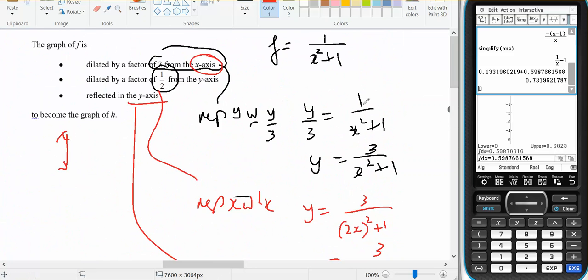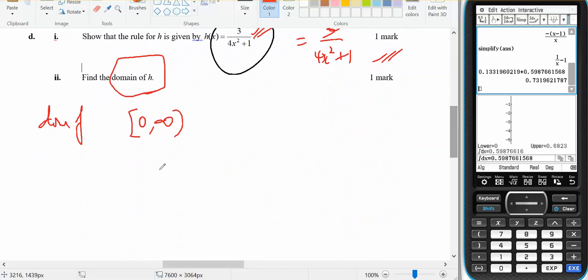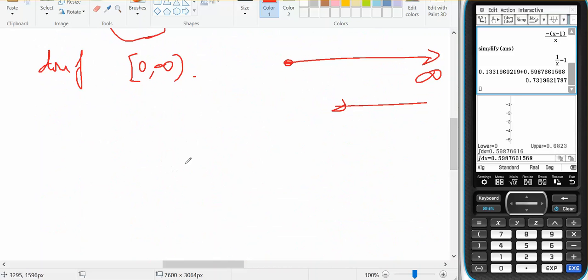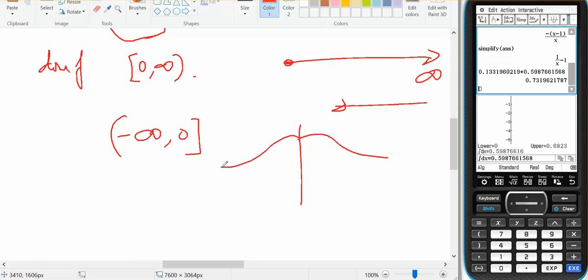You dilate by a factor of a half from the y-axis, you would halve it, but it's still going to be the same, because if you go from 0 to infinity and you halve it, it's still going to go to infinity, because you can't halve infinity. Then you reflect over the y-axis, it's going to be on the other side, so minus infinity to 0. So the graph, instead of looking like that, is now over here.